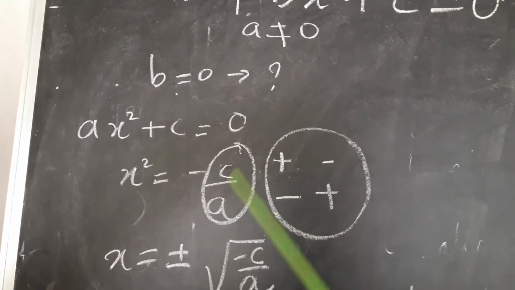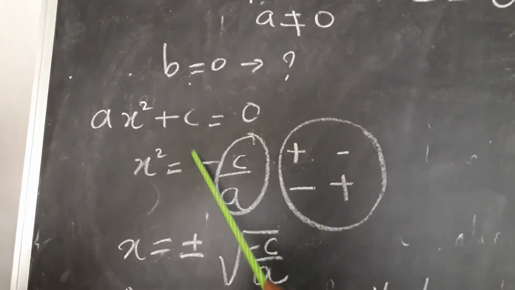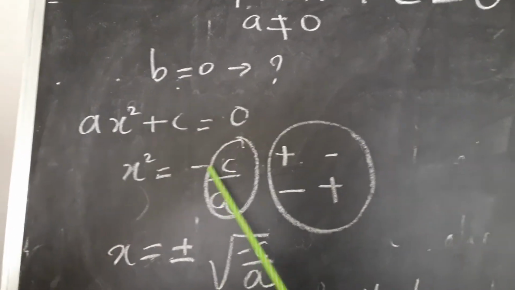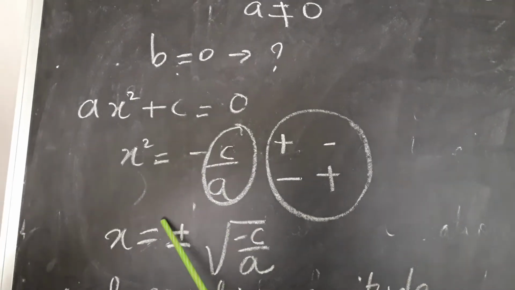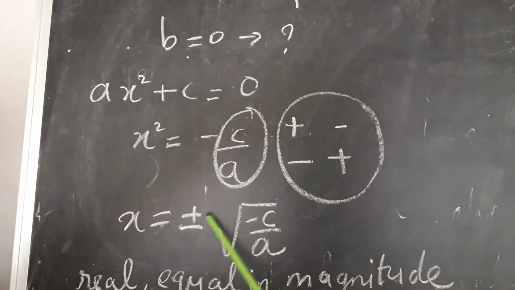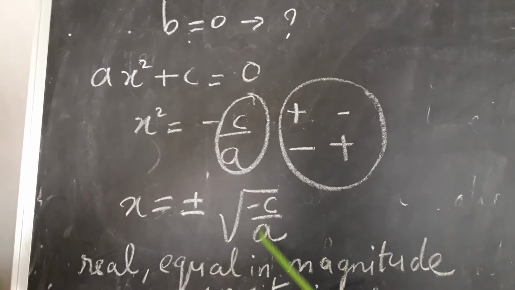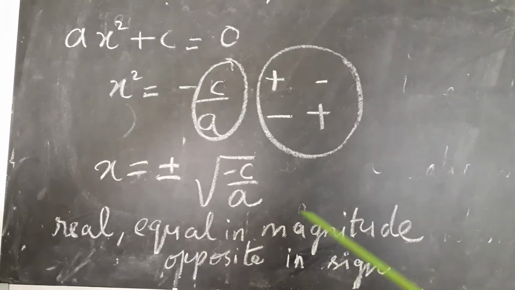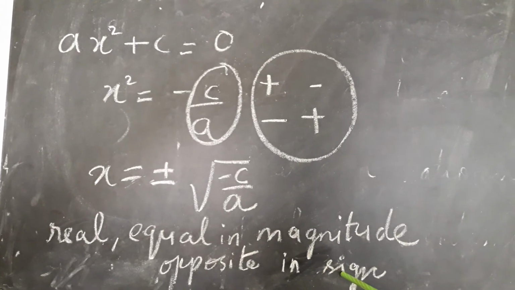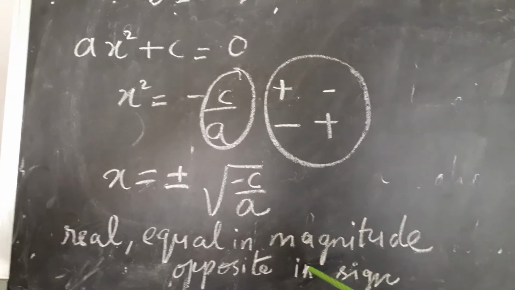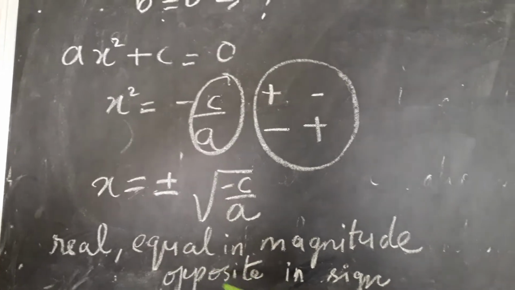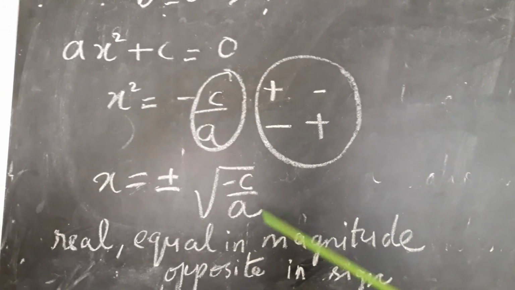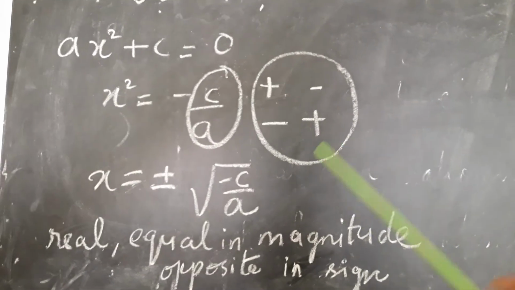So when c and a are of unequal signs, x squared will be positive. Then x is equal to plus or minus root of minus c divided by a. The roots are real, equal in magnitude but opposite in sign. Like if alpha is 3, beta would be minus 3. Likewise, if alpha is root 2, beta would be minus root 2, and so on.